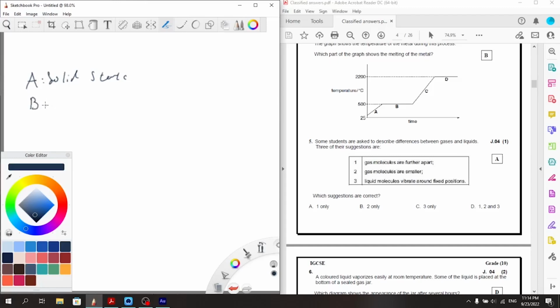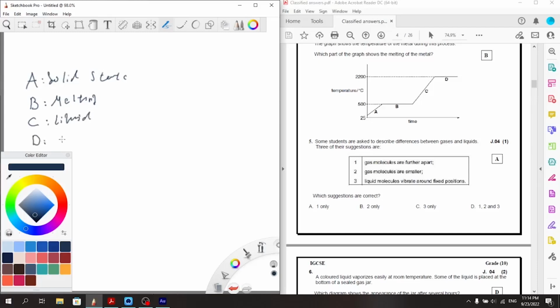So B represents solid becoming a liquid, so that's the melting phase. C is when the temperature keeps rising from 500 all the way to 2200, and in that phase any part of the metal that hasn't already turned into a liquid starts liquefying until all of the metal is in its liquid form.